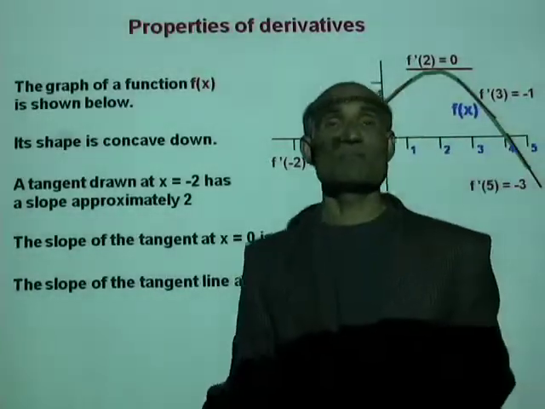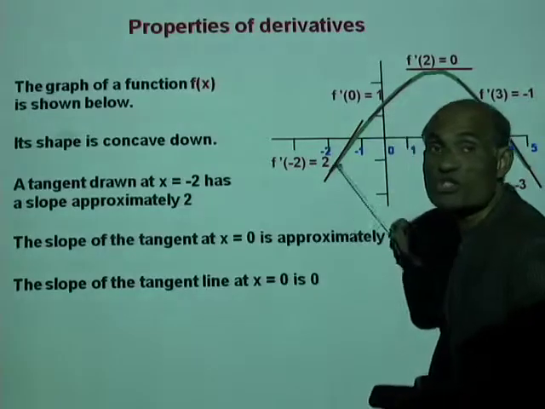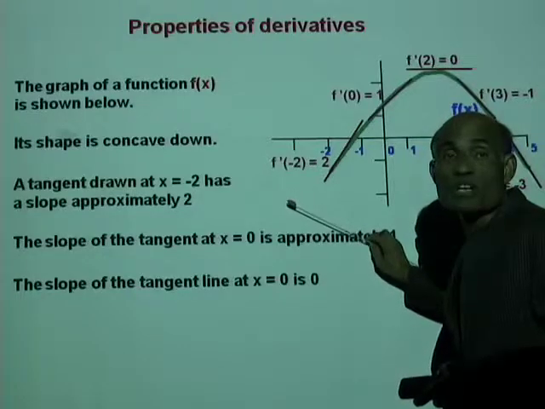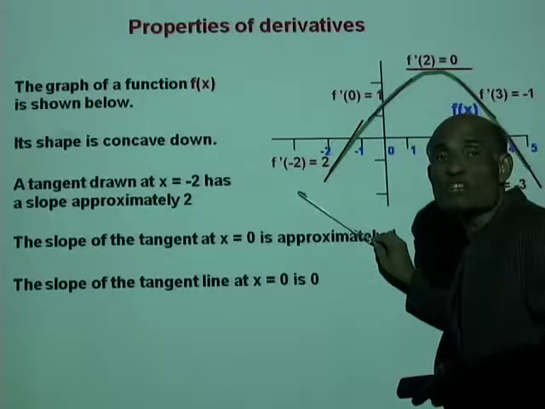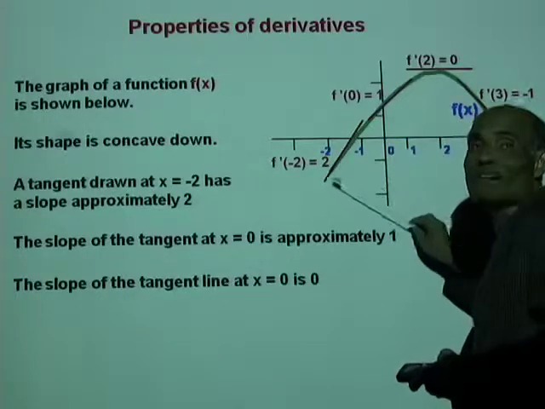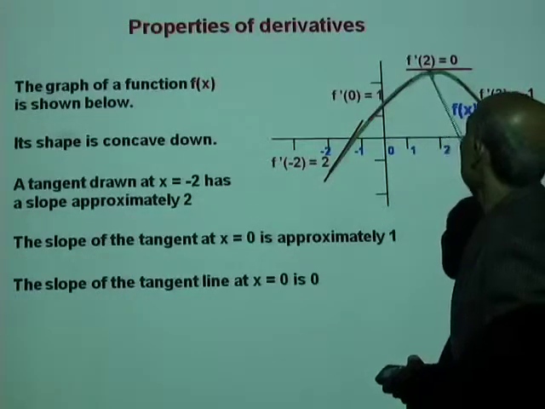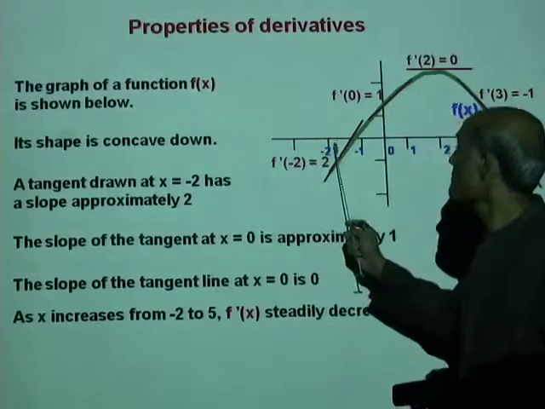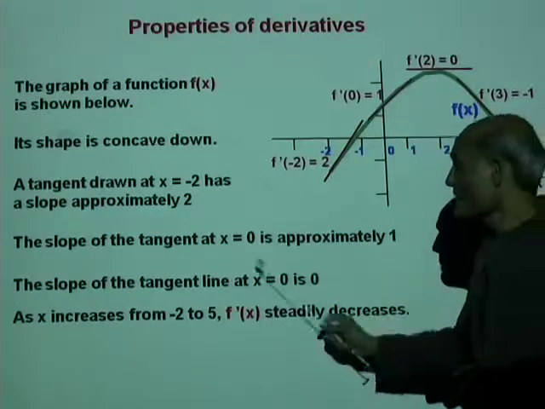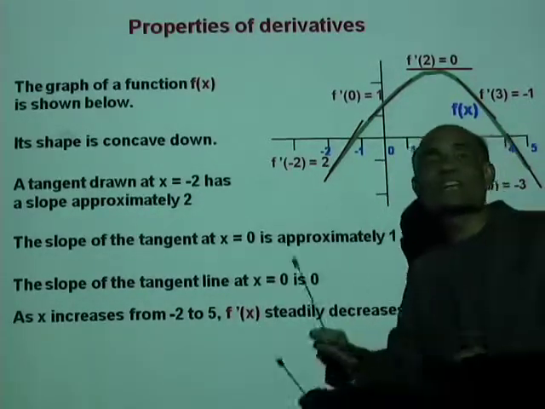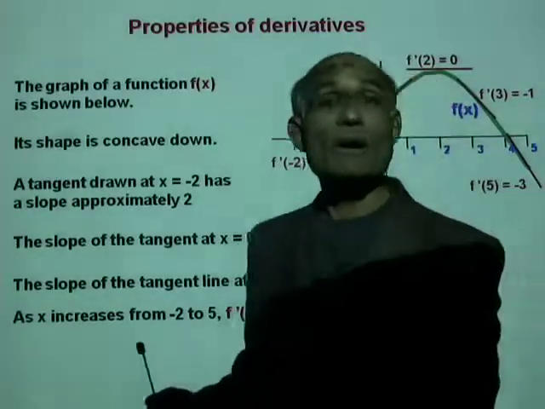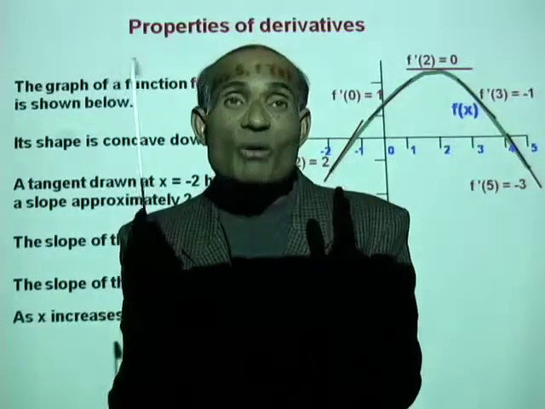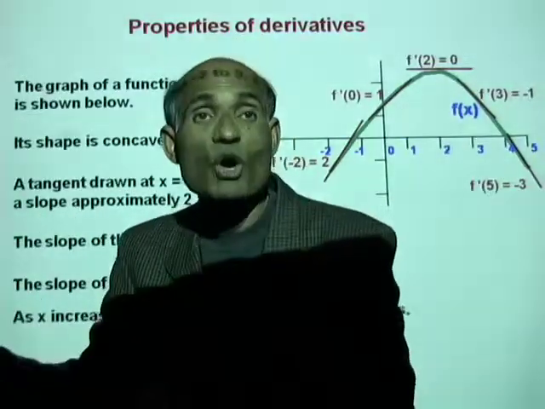Now, what do you see here? If the graph of a function is concave down, it means the derivative of the function decreases as we go from left to right. The derivative is continuously decreasing. So as x increases from -2 to 5, the derivative f prime x steadily decreases. So whenever the derivative of a function decreases, in that interval, the function graph will be concave down.